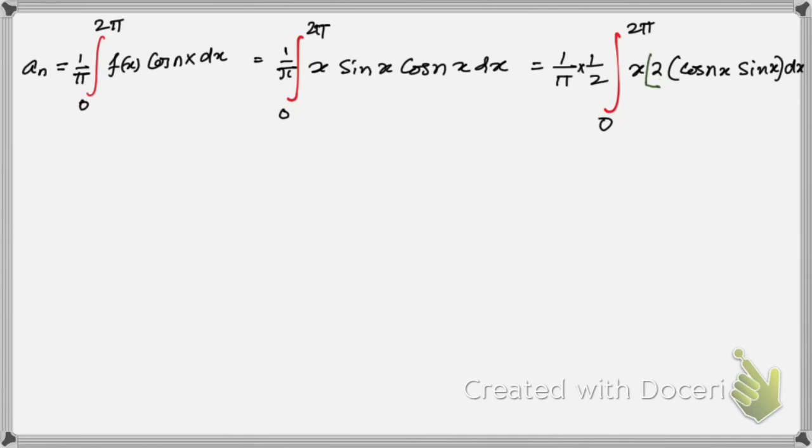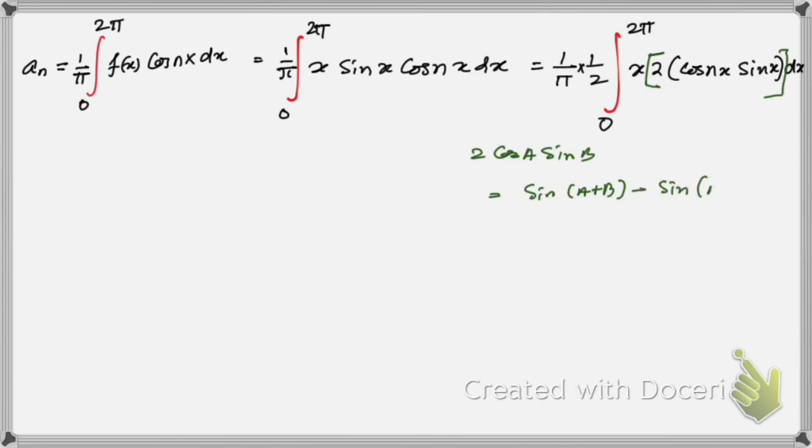And here we're going to apply this identity that 2 cos a sine b is equal to sine a plus b minus sine a minus b.